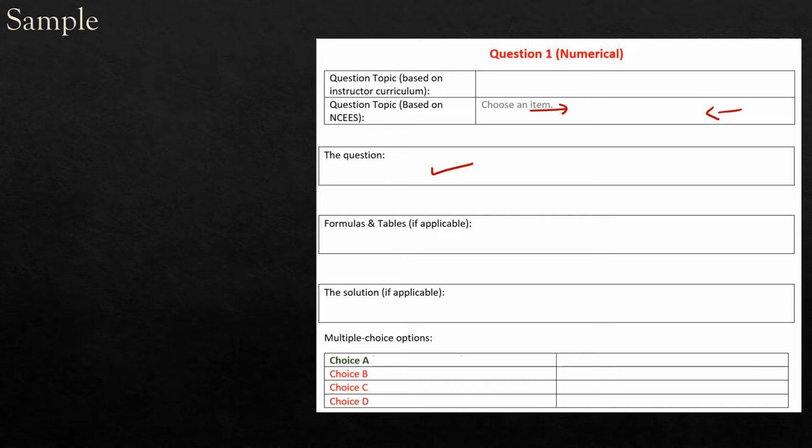The formulas which are needed to solve that particular problem will be here in this box, and you will be given different choices here, and you have to choose one of the choices from the given pool. If you have to solve the problem, you will be given this box. You can solve your problem here.